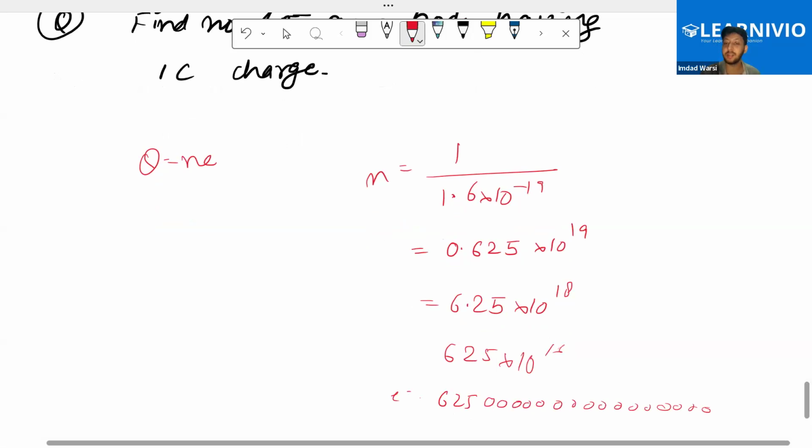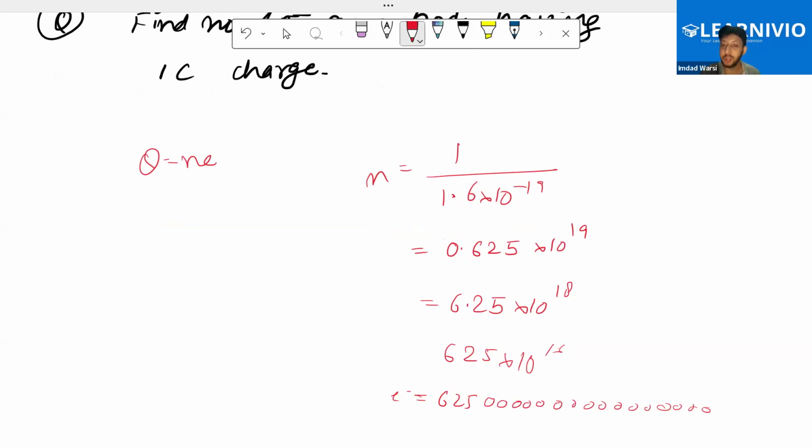These many electrons are there in 1 coulomb of charge. Don't think it is in decimal because 10 to the power 18 is there after that. Yes, this is a whole number. So you write this: 6.25 into 10 to the power 18 electrons are there in 1 coulomb.